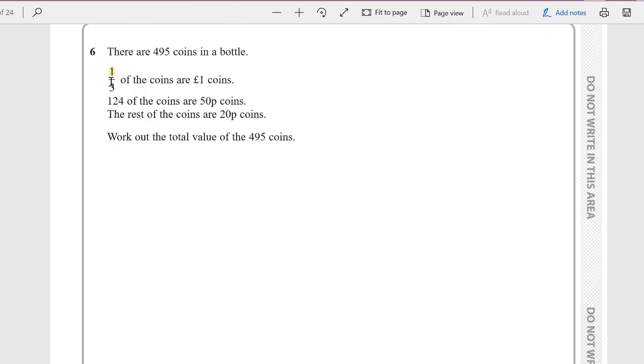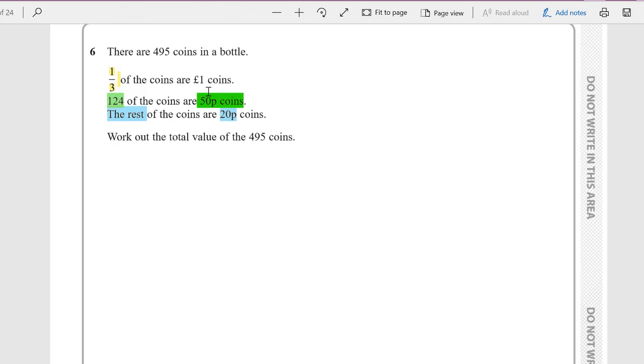Just highlight the information that we have. So a third are £1 coins. So 124 are 50p coins. And then it says the rest are 20p coins.